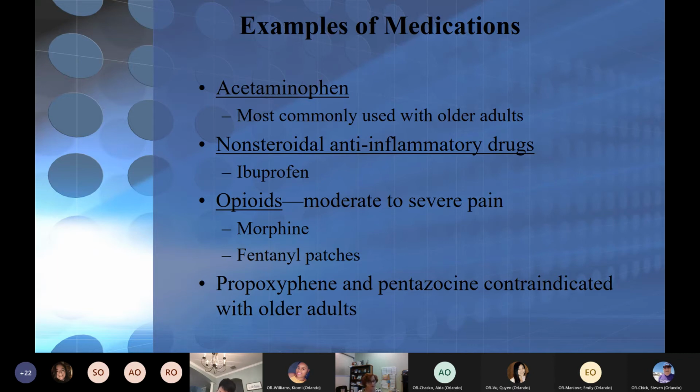So I think the takeaway from this is to remember that we want to start with the lowest dose. You want to go low, start slow, and go low. So let's try the acetaminophen first. Then if we need acetaminophen and an NSAID, make sure we understand what's going on with the patient, or maybe just an NSAID. But again, always remembering the side effects of an NSAID with the patient.